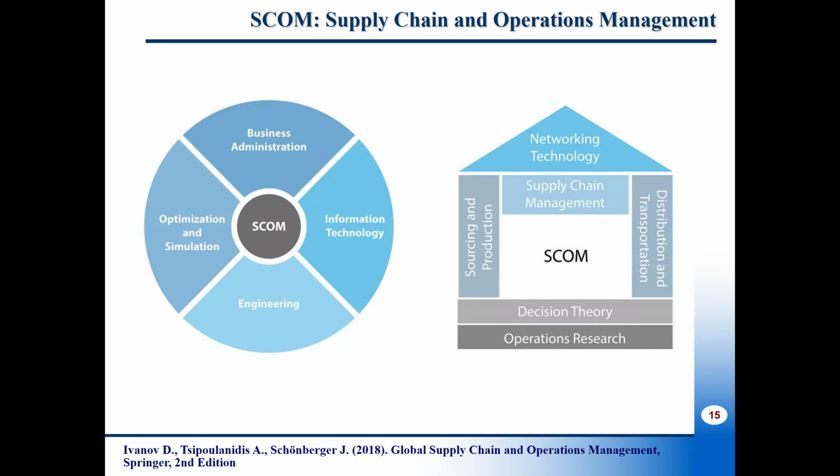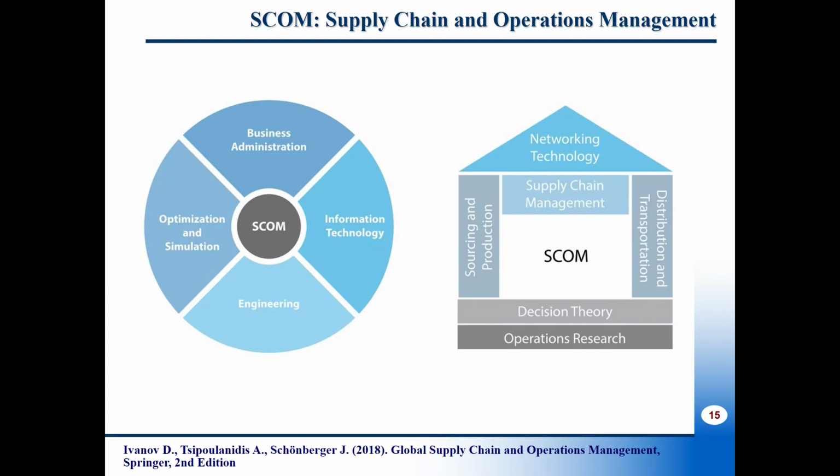The two pillars of the supply chain and operations management house are sourcing and production, and the other pillar is distribution and transportation. As a foundation of the house are decision theory and operational research, because when we would like to compose decision making in supply chain and operations management, we have to consider the principles of decision theory and operational research.